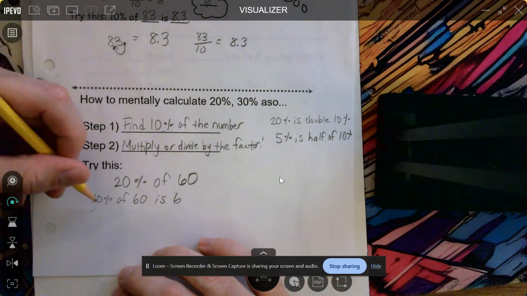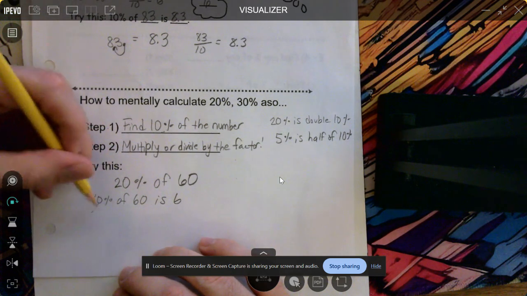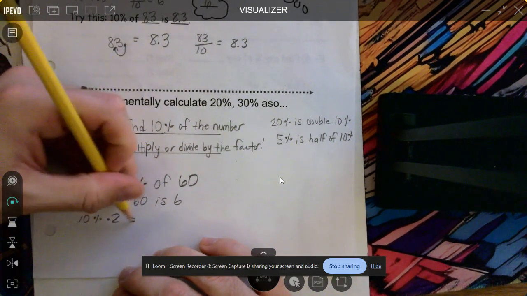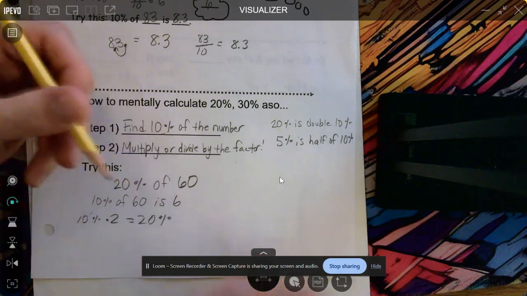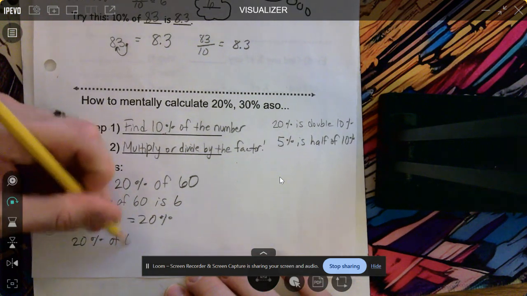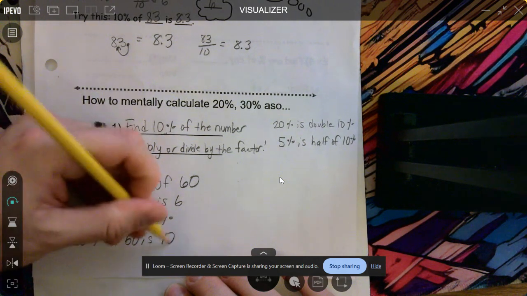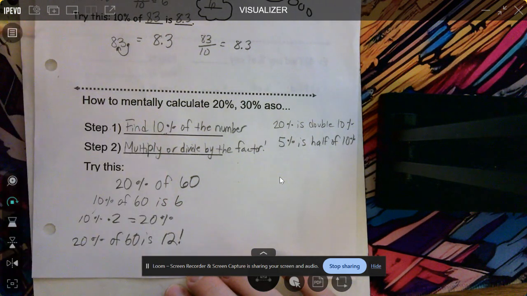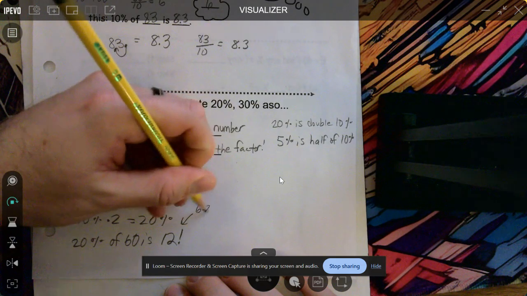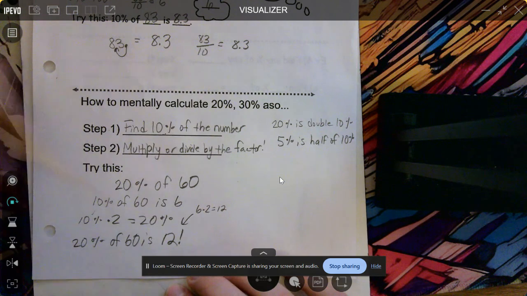So to go from 10% to 20%, we have to multiply by 2. 10% times 2 equals 20%. So that means that 20% of 60 is 12, because 6 times 2 is 12. If we wanted 30%, we would have multiplied by 3. 40%, we would have multiplied by 4, and so on.